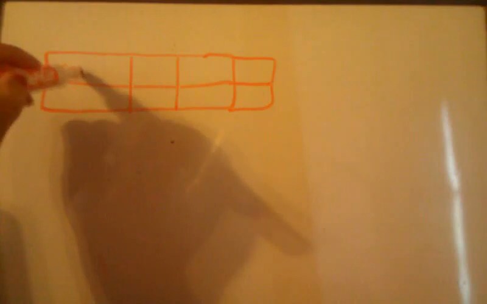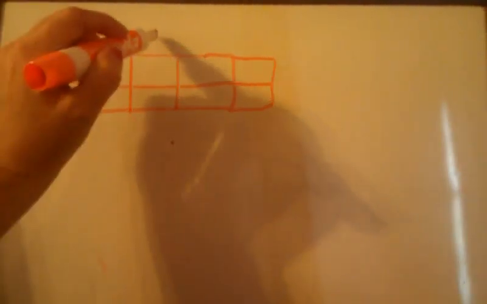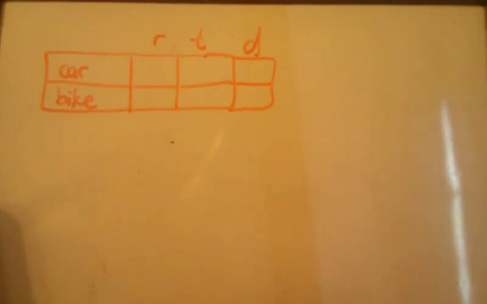Okay, I'm just going to say a car. A car and a bike. How'd I do? And I have rate, time, and distance.